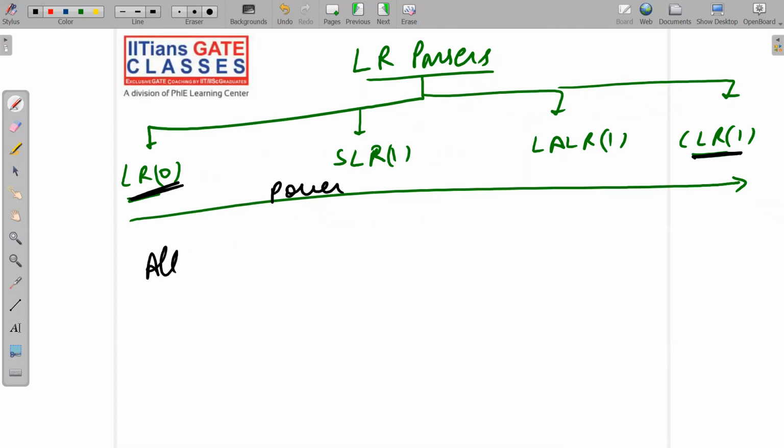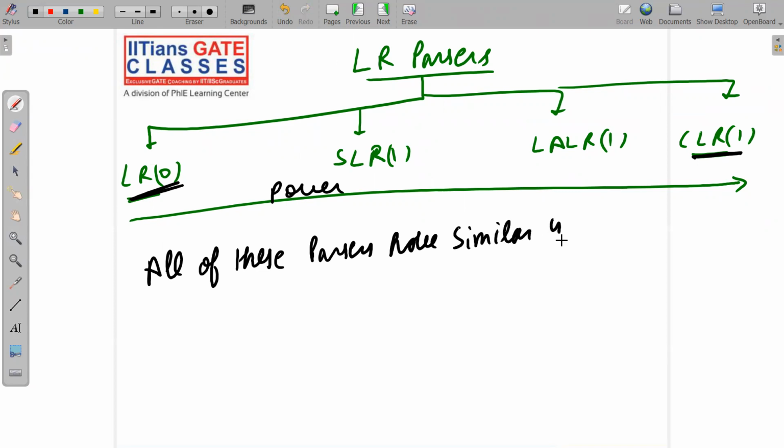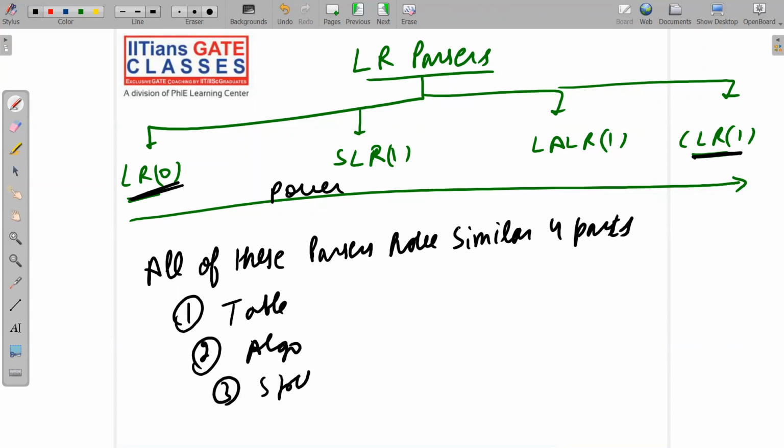That means all of these parsers have similar four parts. What are the four parts? I have already told you: table, algorithm, stack, buffer.